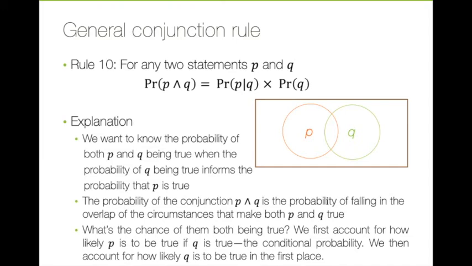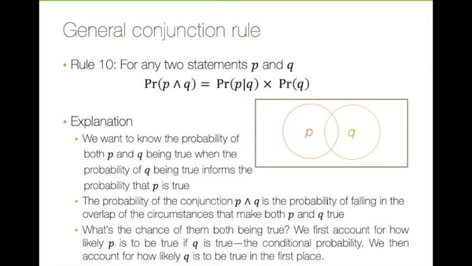That's the same as with our simple conjunction rule. The difference now is that how likely they are to both be true together depends on how their probabilities co-vary. So what's the chance of them both being true? First, we have to account for how likely P is to be true if Q is true. That's the conditional probability.